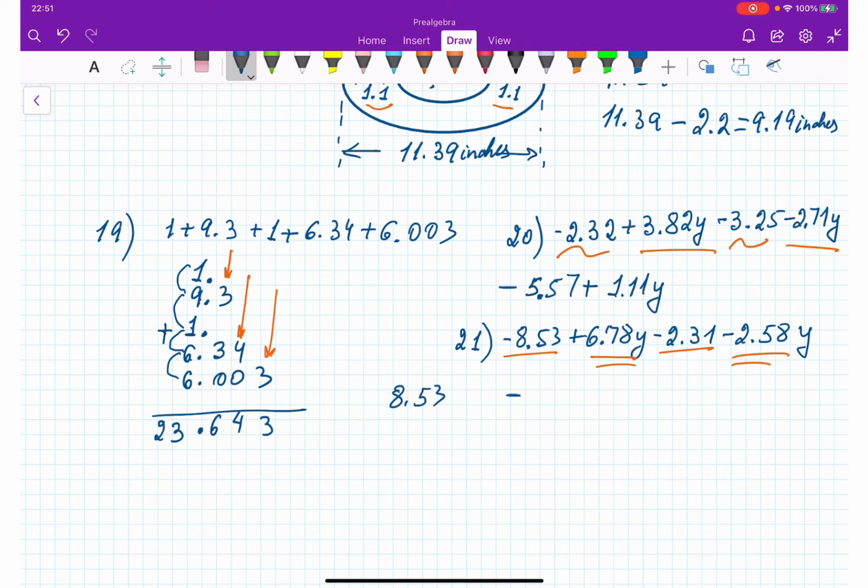8.53 and 2.31. So if I add, 4, 8, and 10. So 10.84. Next, I have 6.78 and minus 2.58. So I'm going to subtract and the sign is going to be positive, right? 6.78 minus 2.58.